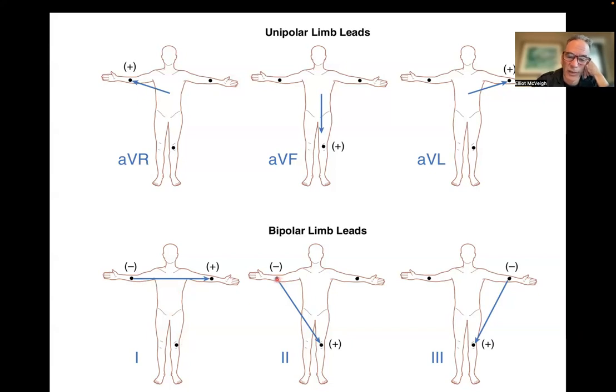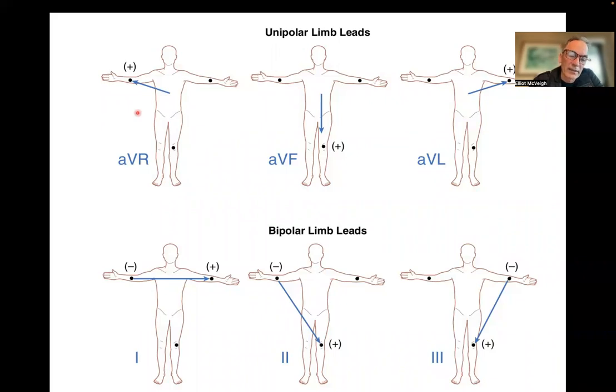So the difference between the right arm and the left leg is lead 2. Across the chest, or across the arms here, the difference in voltage there is lead 1. These are all differential measurements, right? Here, the left arm to left leg is lead 3. These are classic leads that even on a little cheap EKG, you'll see.